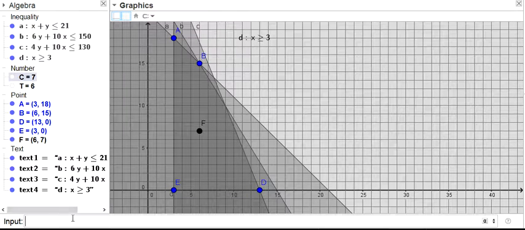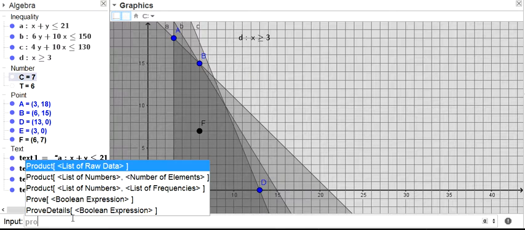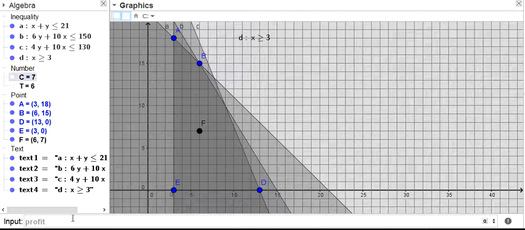Now I'm going to define another variable, profit. Actually, I don't think it's profit because it doesn't include other expenses. I'm just going to call it income.